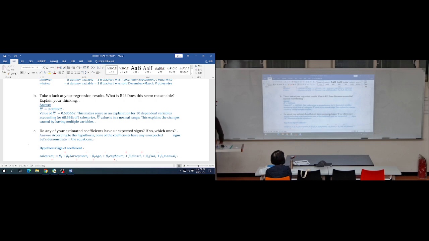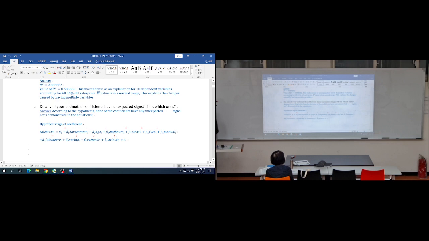I think this makes it an explanation for the 10 dependent variables. The adjusted R square value is in a normal range. This explains the change caused by having multiple variables. I think you mean 10 independent variables instead of dependent variables, right? Yes, sorry.